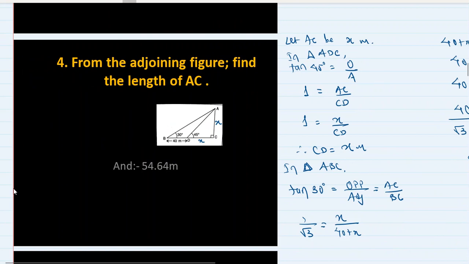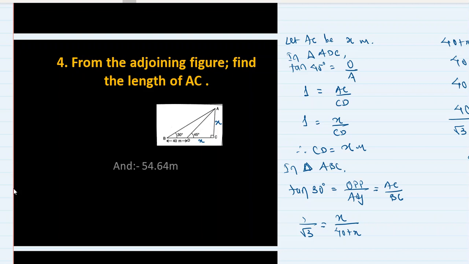I hope you understand the whole concept behind this chapter. There is nothing new they are teaching. They're just giving you triangles, length of some sides are given, length of some other sides are missing. They are giving you angles. You have to use trigonometry, find the relations, ratios of those sides which are missing and which are given.